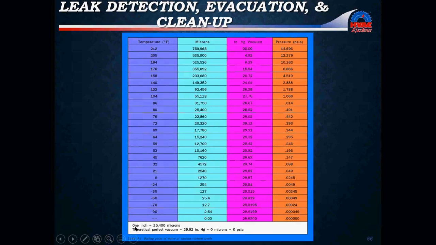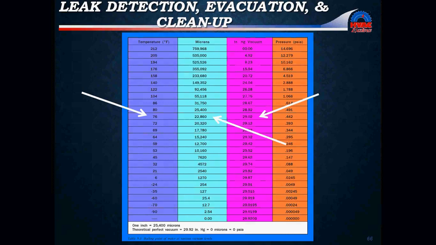Now remember, 1 inch is equal to 25,400 microns. Okay, so a theoretical perfect vacuum is equal to 29.92 inches of mercury. Okay, or 0 microns, which is most likely never going to be achieved. Okay, so at 29.02 inches of mercury vacuum, or 22,860 microns, water will boil at 76 degrees.